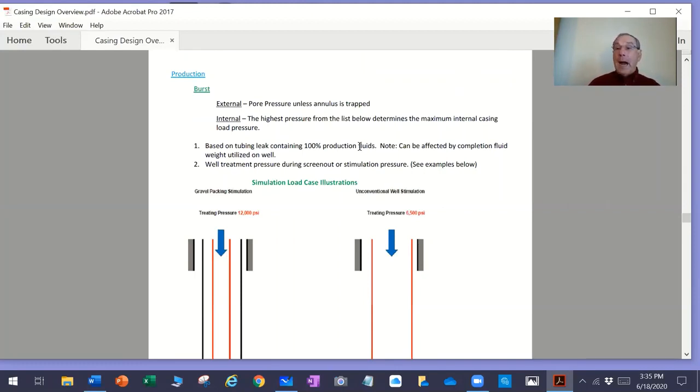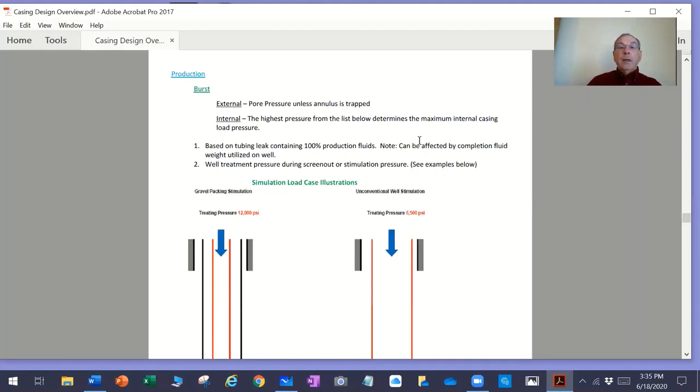It's going to be entirely full of production fluid. So when we're talking about a production load case, it is 100% production fluids in the wellbore. It can also be affected by the completion fluid weight utilized on the well, and I'm going to show an example of that in the exercise.